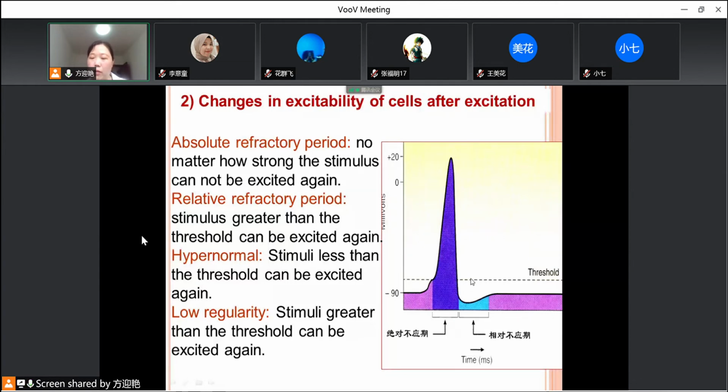But when we give a second stimulation, the cell cannot be excited, no matter how strong the stimulation is. It means that its excitability is very low, equal to 0. Do you understand here?